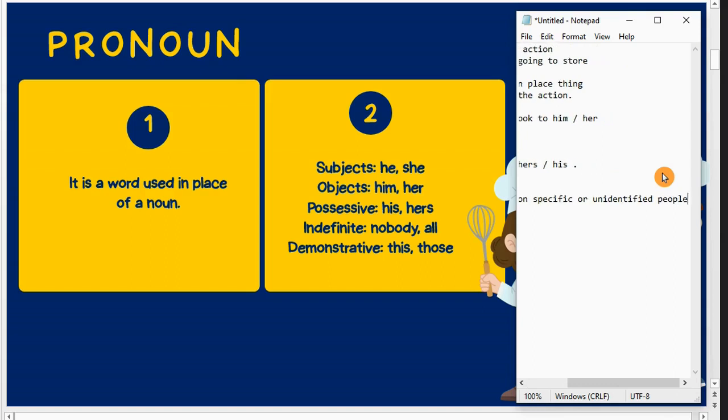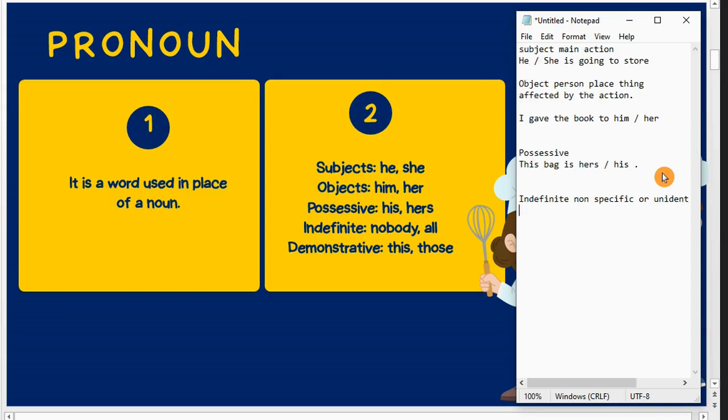We don't know what kind of gender it is, we don't know that person, who or whom, that means indefinite. If I give an example: nobody was home when I arrived.